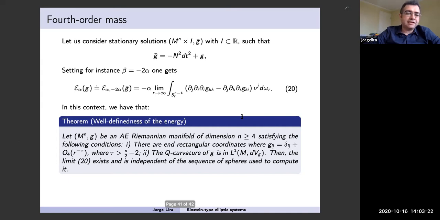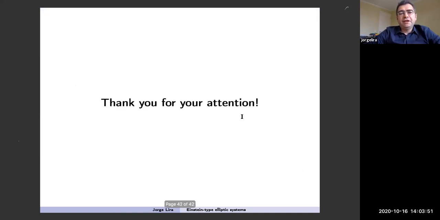So this indicates that it makes sense to deal with that sort of equations. And that mass is linked to the Q curvature, which is, say, the counterpart of the scalar curvature for this fourth order stuff. So the results indicate that it's possible to use Isenberg, Maxwell, and all of these techniques for that fourth order equation. So that's the program we have now to develop.